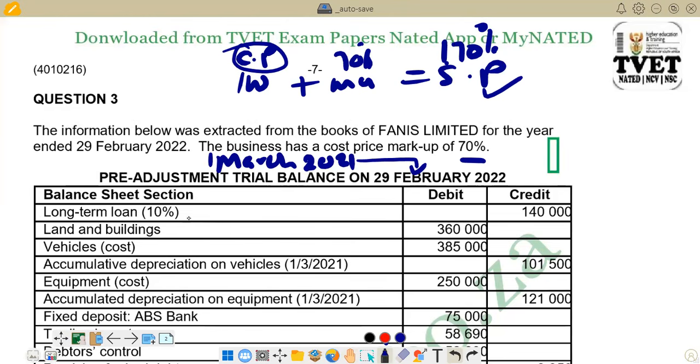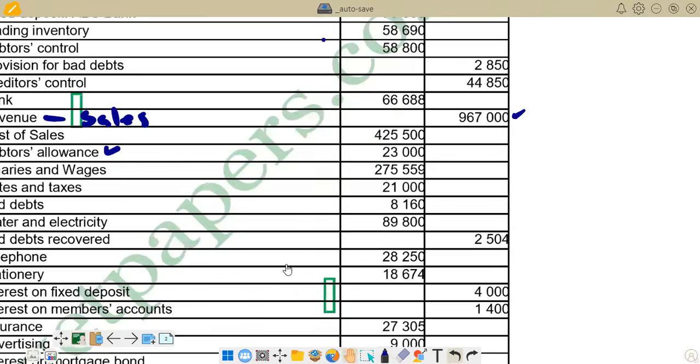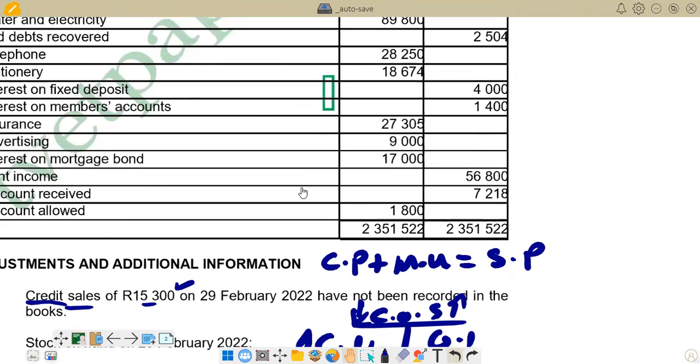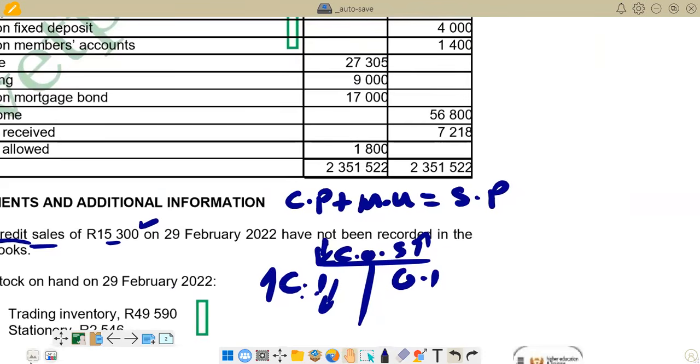So we just make a proportion there and say we have got 15,300, which is 170%. It equals the figure that we want, which is 100%.